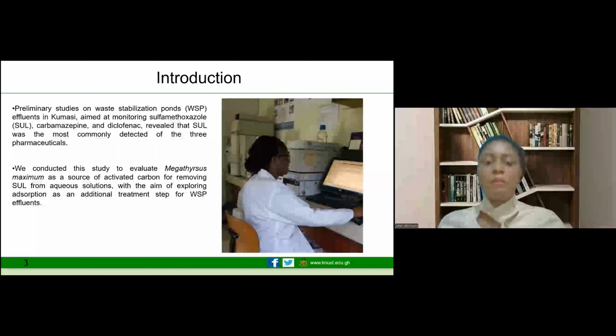So with that mind of exploring an additional treatment system to remove sulfamethoxazole, we looked at local materials which will lower the cost of the production of activated carbon.